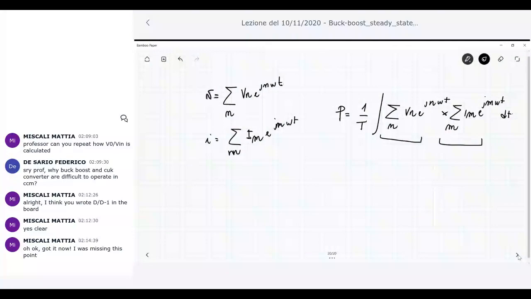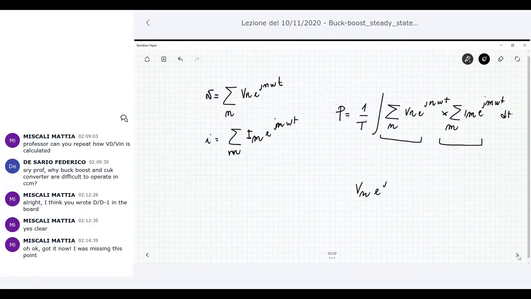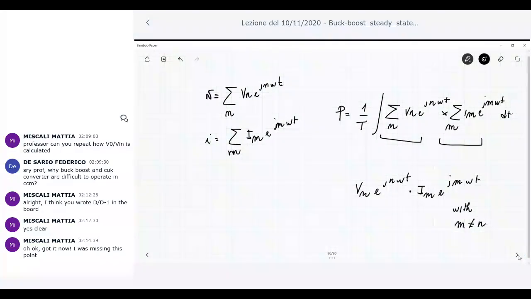What happens when you multiply these sine waves? At a certain point, you can have the multiplication, for example, of Vn e^(jnωt) multiplied by Im e^(jmωt) with m which is different from n.